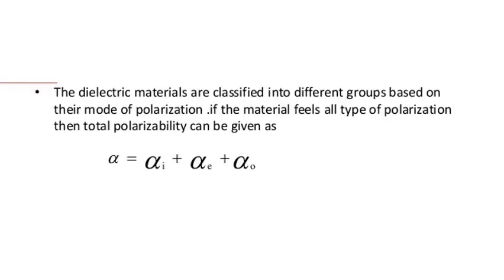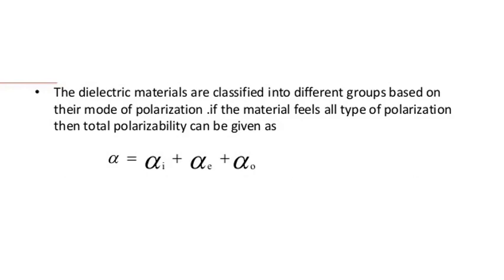The dielectric materials are classified into different groups based on their mode of polarization. If the material exhibits all types of polarization, then the total polarizability is alpha, which is equal to alpha I plus alpha E plus alpha O. This is called the total polarizability.